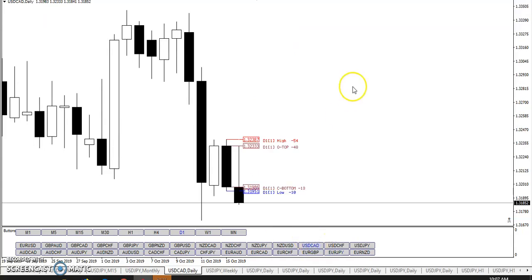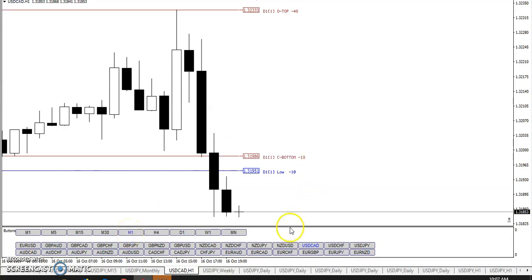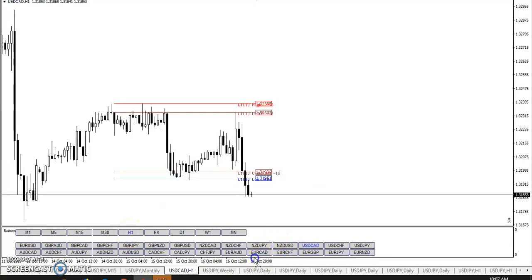Let's look at dollar Canadian. What happened here? We opened, we went up to the previous candle's open, reversed off of that open, and then went through the bottom here. Now you might go, how do you know it did that? Well, I mean, it's kind of obvious. You can see here what it did. Here's the previous day.